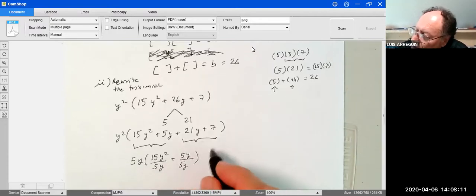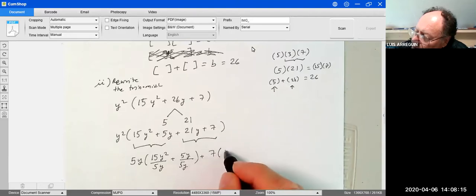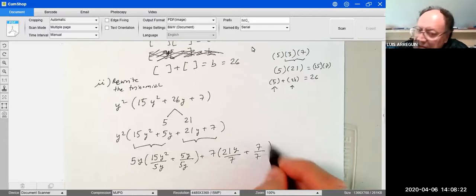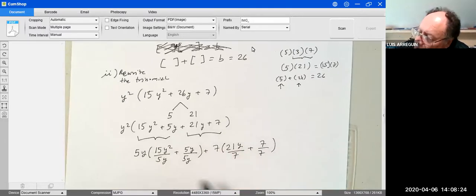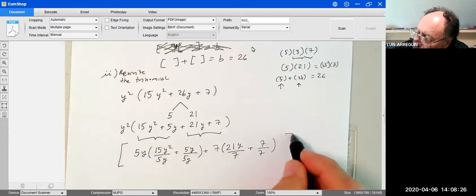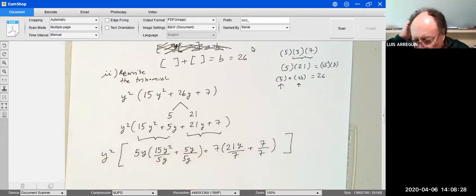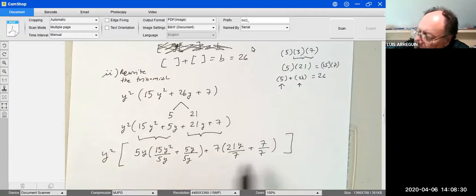Then for the second group, 7 works for both and no variable is involved. So I'm going to get 21y over 7 plus 7 over 7. This is multiplied by y squared. You can omit this and include it at the end.